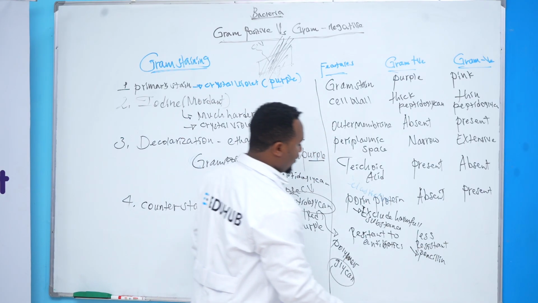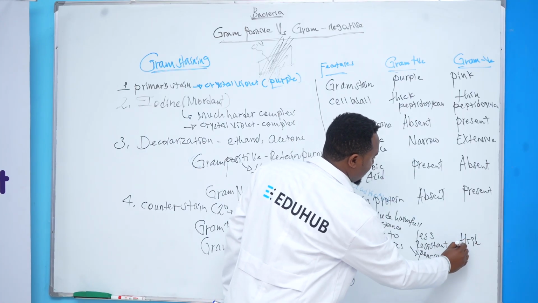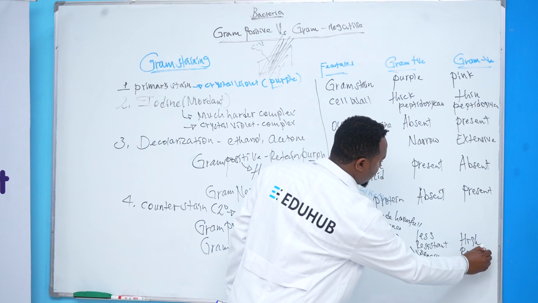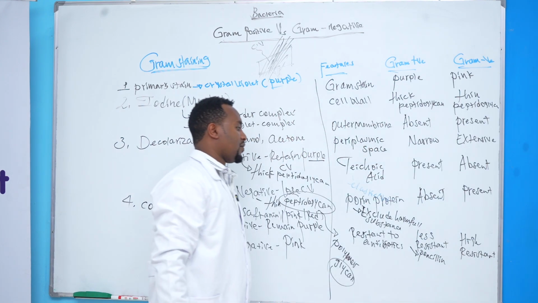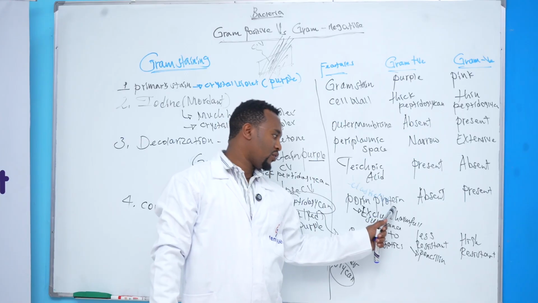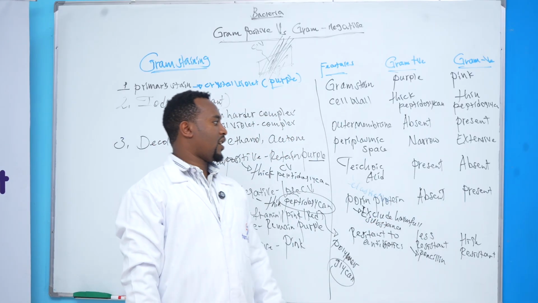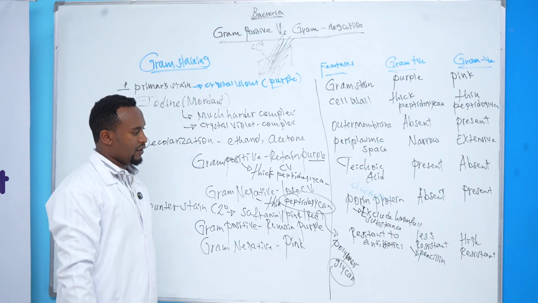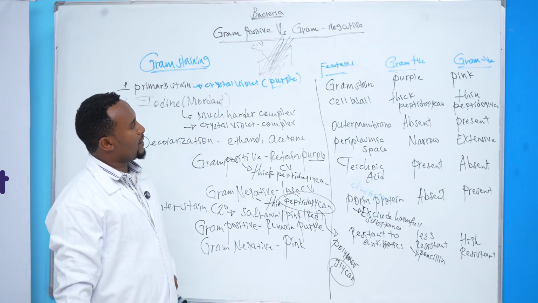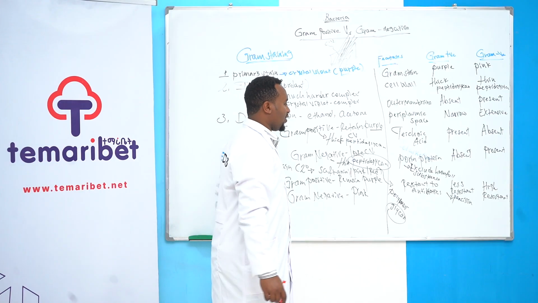But the gram-negative bacteria are highly resistant to the antibiotics. Why are they highly resistant? Because of the presence of outer membrane and the presence of porin protein. This makes a harder structure that cannot be killed by the antibiotics. So this is the basic difference between gram-negative and gram-positive bacteria.